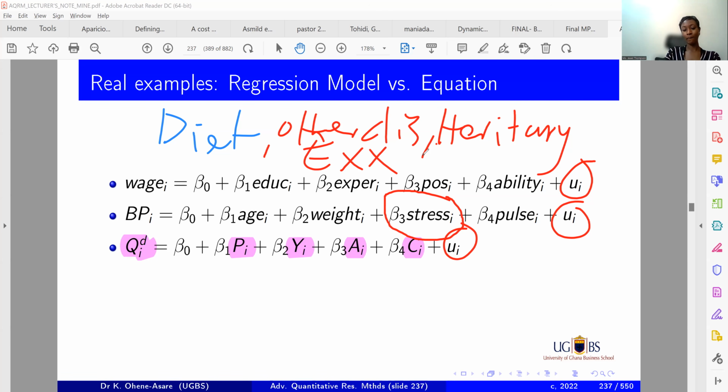The location. Location, very good. Now, Adongo, tell me a relevant factor. Okay, he's not sure of his relevant factor. Justice.